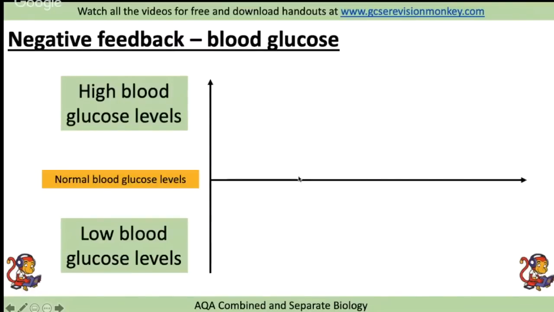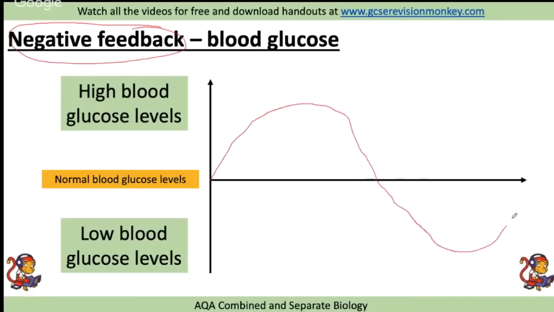So negative feedback for separate and combined higher, this word comes up a lot. Basically, it means if something gets a little bit too high, a mechanism will come in to bring it low, and if it gets too low, a mechanism will come in and bring it up again. So it's very difficult to keep, for example, your blood glucose levels exactly normal all of the time.